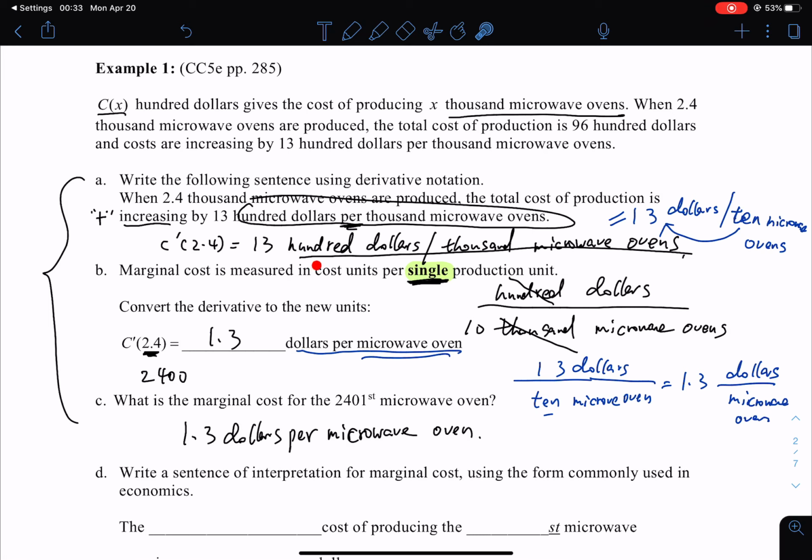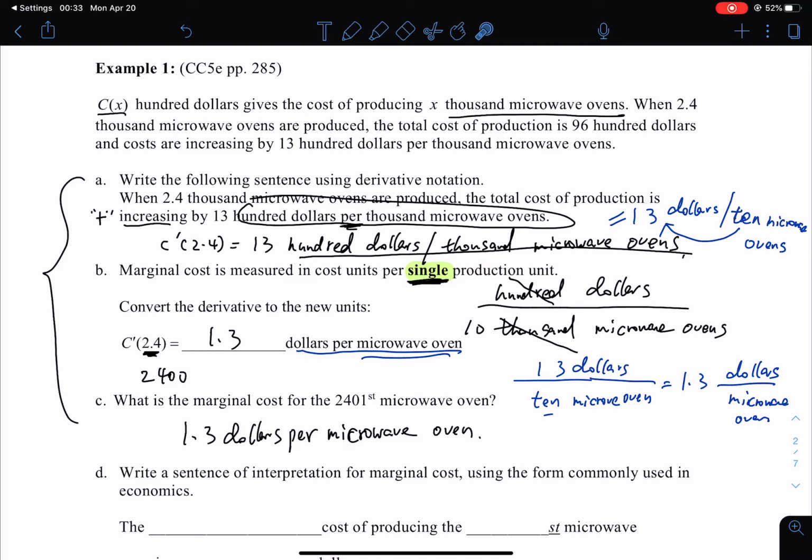But for the C prime of 2.4, the unit is $100 per, pay attention to the denominator. The $100 is okay, but the denominator is 1,000 microwave ovens. It's not per single microwave oven, because the x plus 1 is per single microwave oven. It cannot be 1,000, so we have to divide it by 1,000.